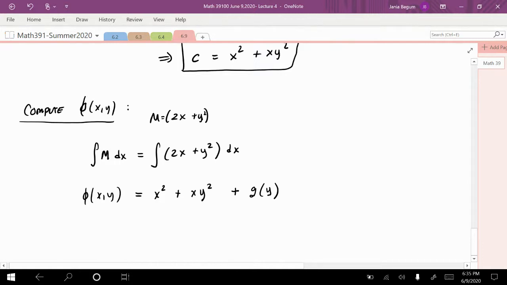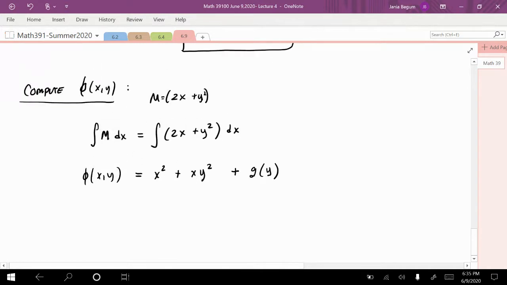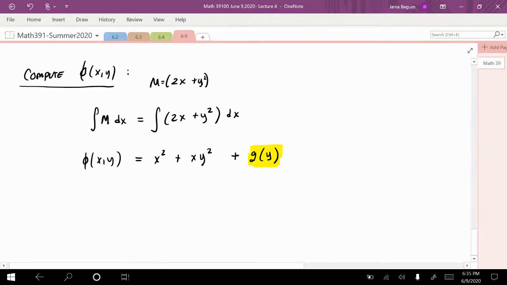And then at the end, we're going to say phi is just a constant. But now the goal is to solve for this function g. So what are we going to do? We're going to take phi and differentiate with respect to y, so that when you differentiate g of y, you don't get 0.